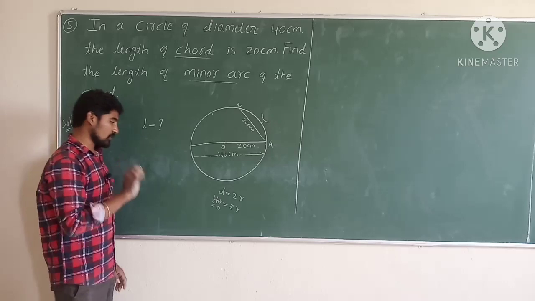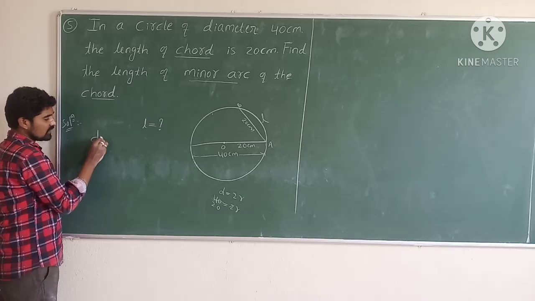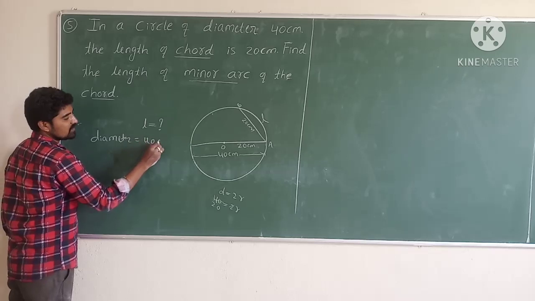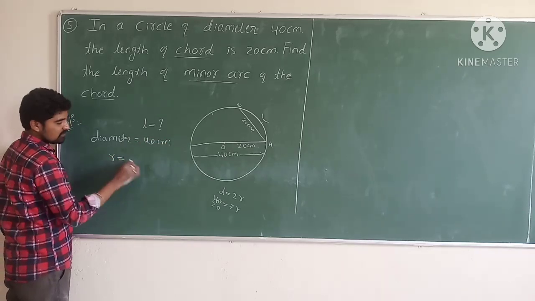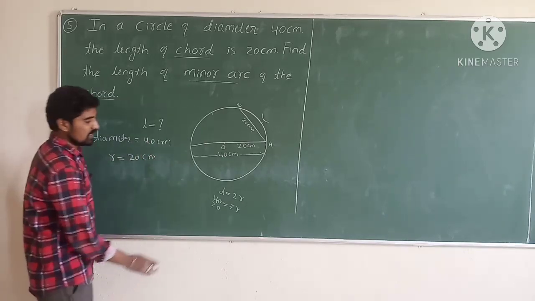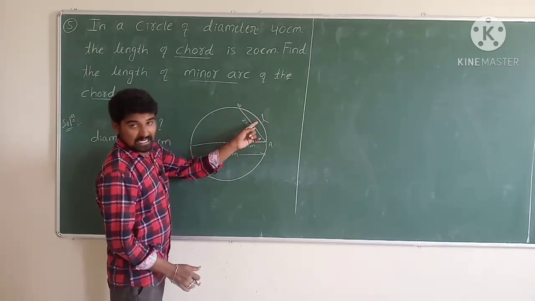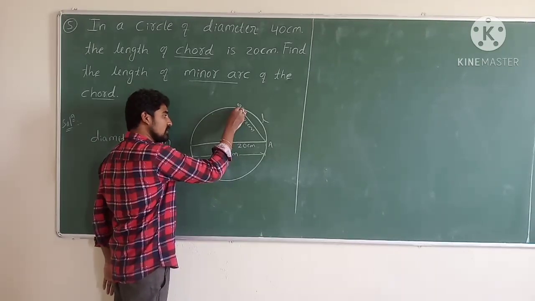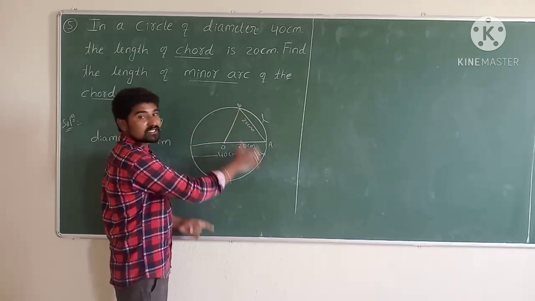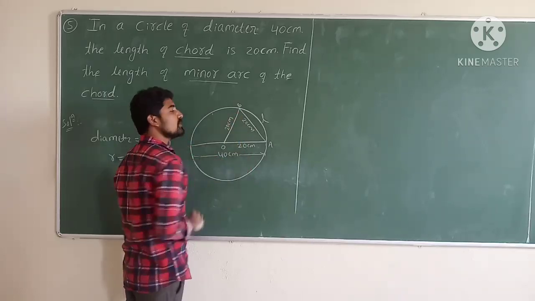Also one of the radius of the circle. Hence, the length of OB is also 20 centimeter.